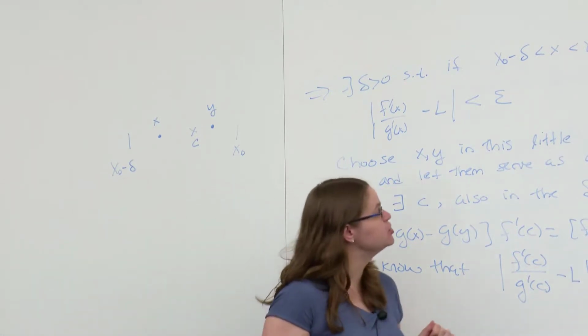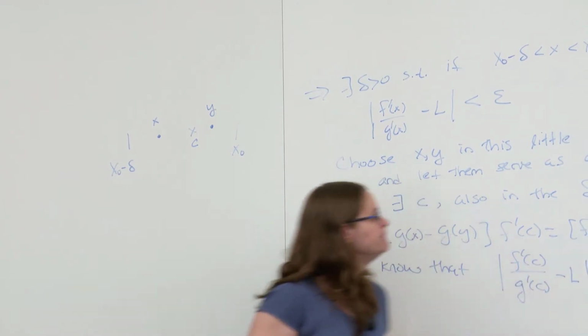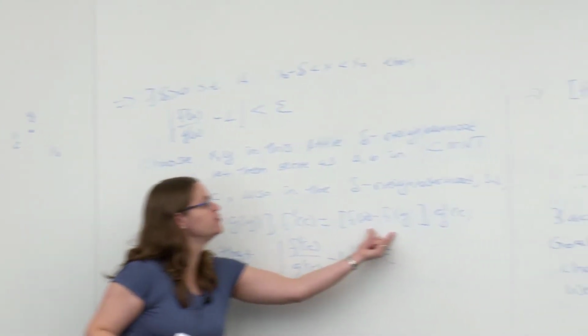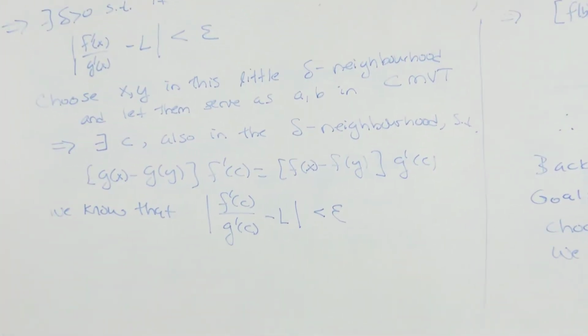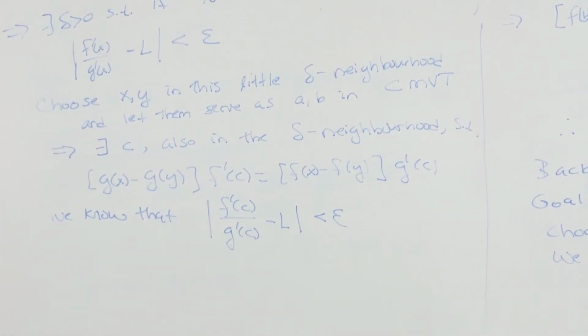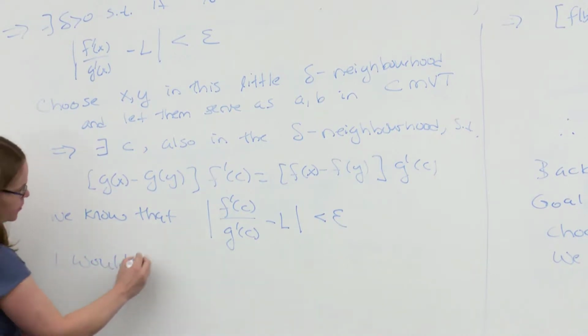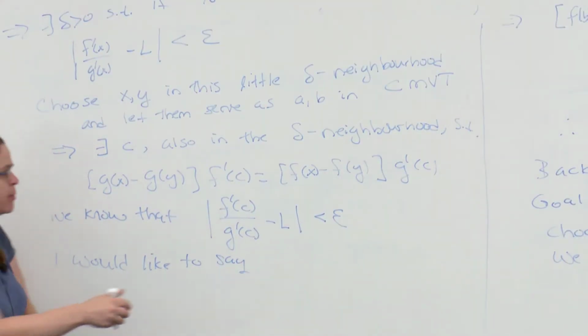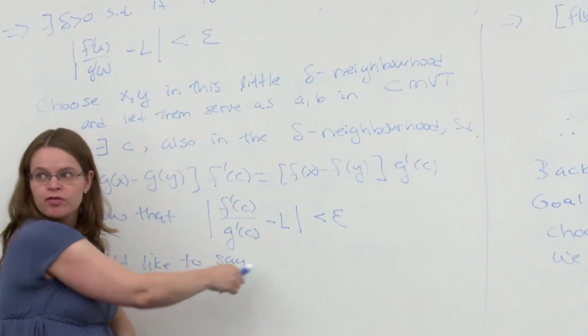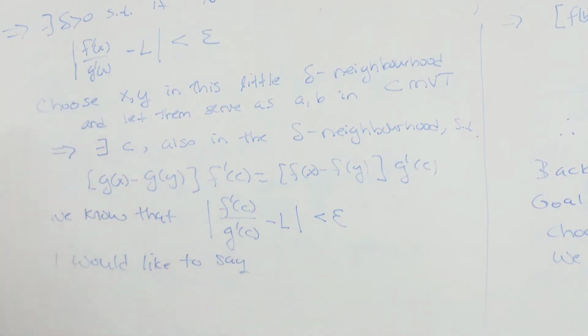So what I would really like to do is say f prime over g prime is equal to this difference over this difference. Anything that could go wrong there? We don't want to divide by 0. So we know what we'd like to say, because that would let me replace this thing that involves derivatives with something that involves function values, and we're trying to get back to function values.